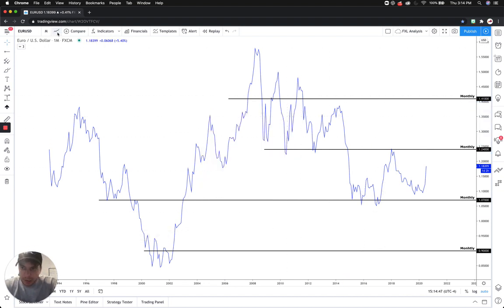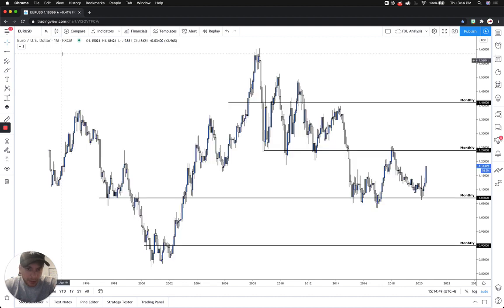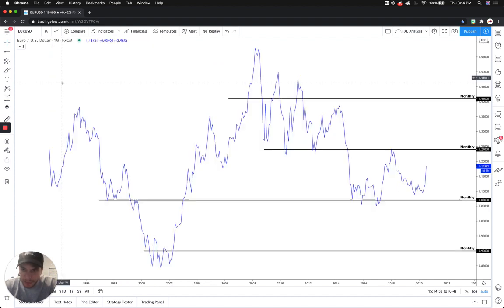All right, double check real quick before we head on to the weekly levels. All right, cool. Looks pretty good to me. Let's go ahead and split these levels now.